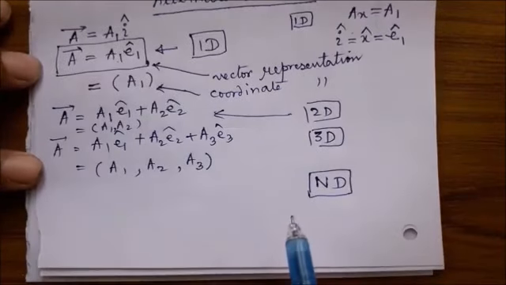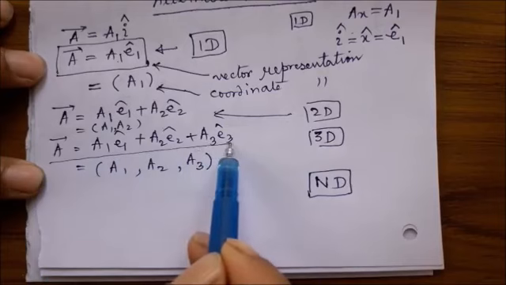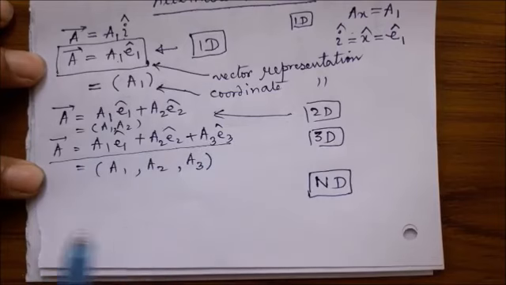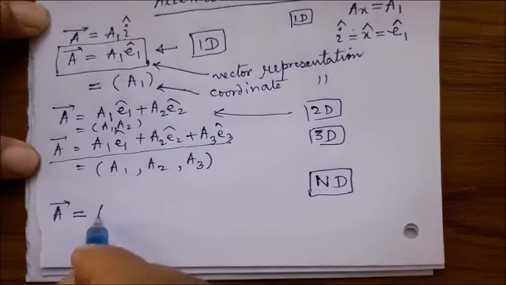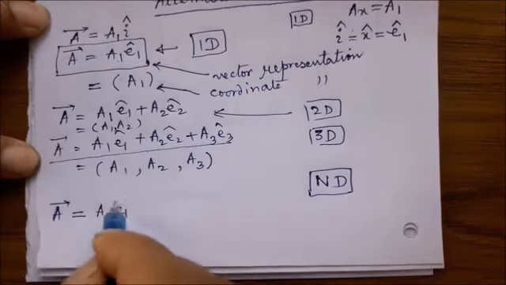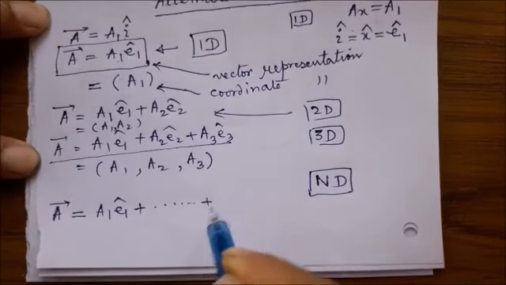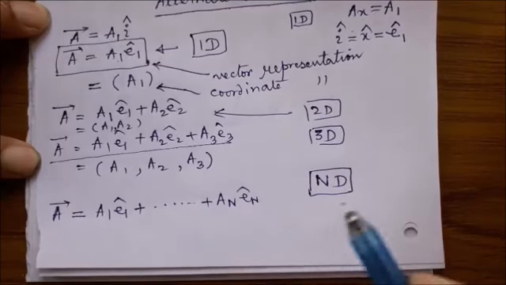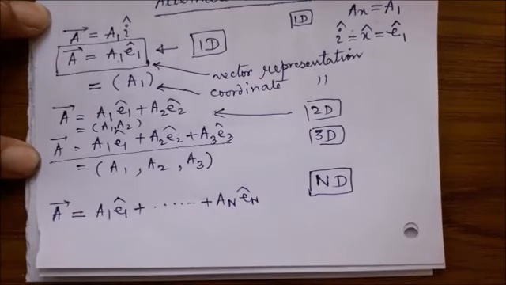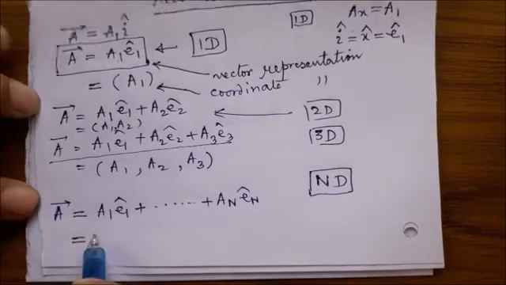This will not be a problem because let us rewrite this one. So the first term will be A1 E1 cap, and then we have several terms, and then the last term will obviously be An En hat. Now here we can use the summation sign and write it in the following way.